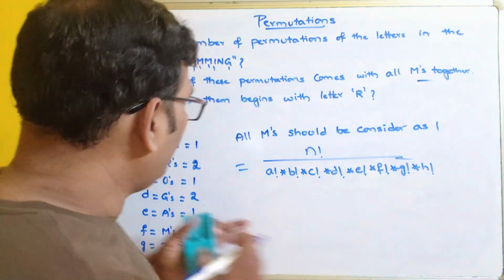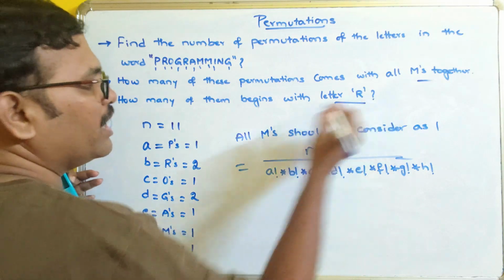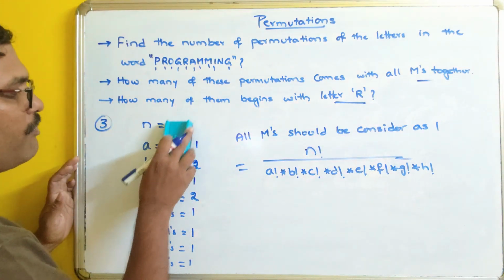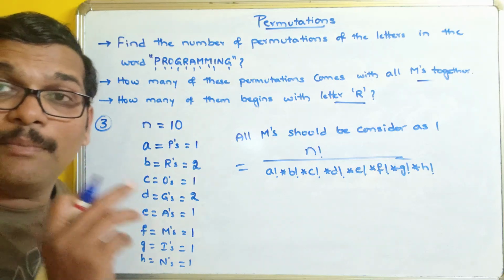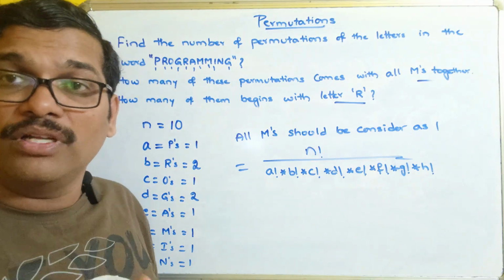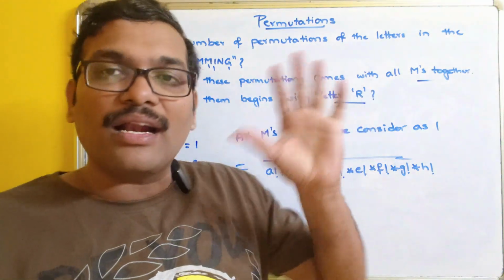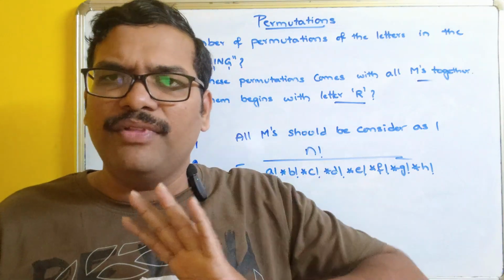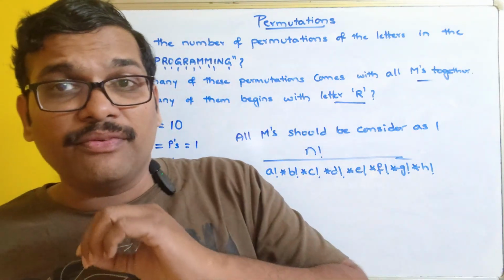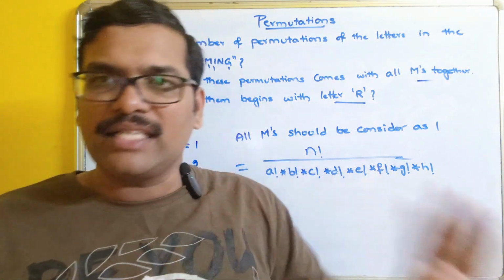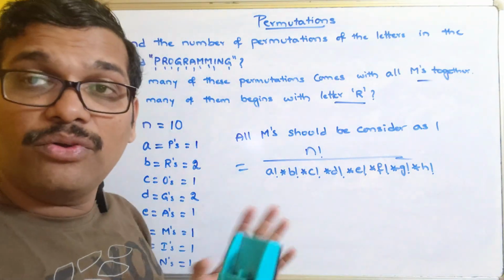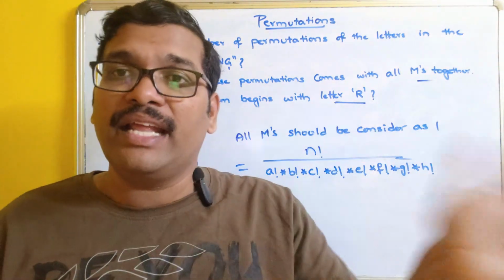So you can consider the total number of characters as 10, because the first character should be R, and we are fixing it. Now we have to make the arrangements of the remaining 10 characters.